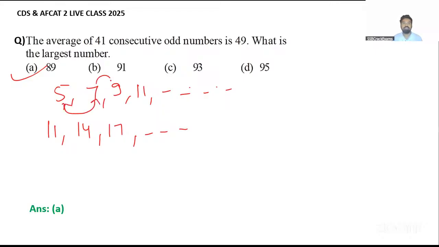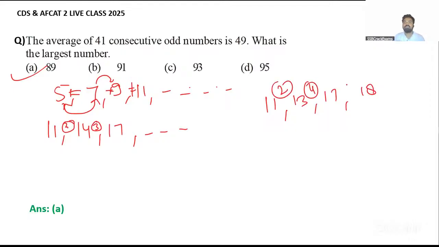Then we can say this is an AP. So here you can say the difference is 2, difference is 2, every time the difference is 2. In the other one, the difference is 3 every time. So this is our AP. But if I write 11, then 13, then 17, then 18, this is not an AP, because the difference here is 2, here is 4, and here it is 1 only.